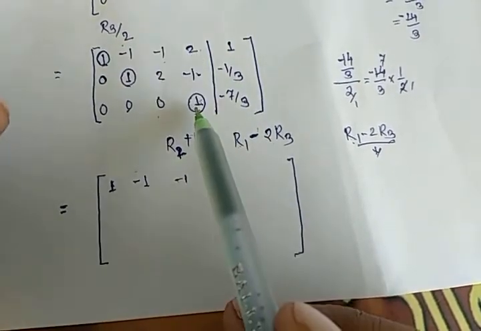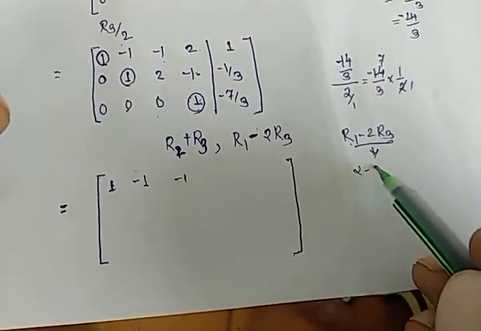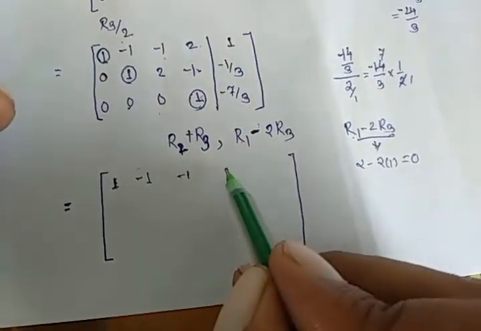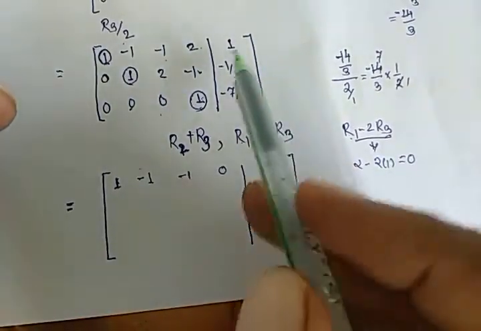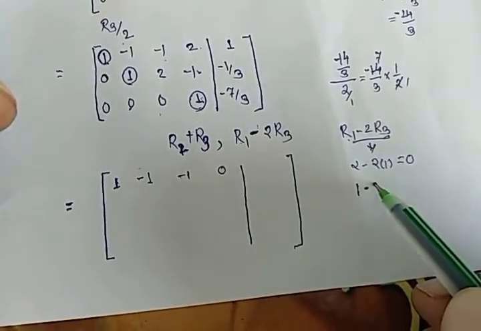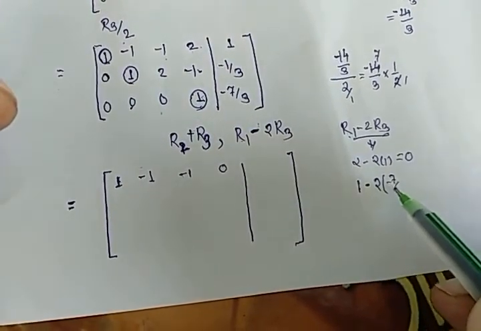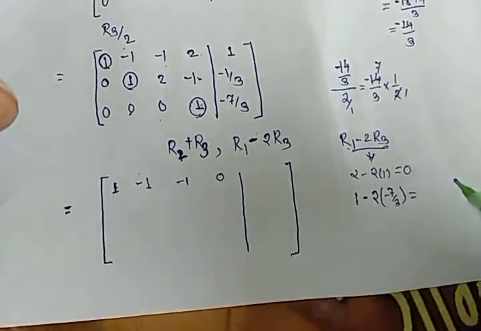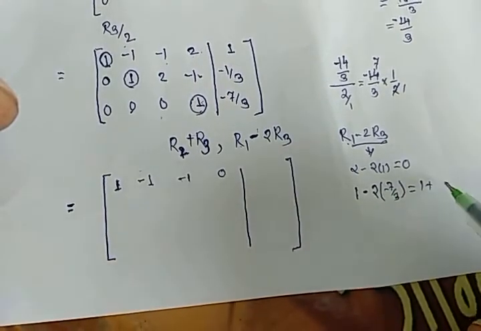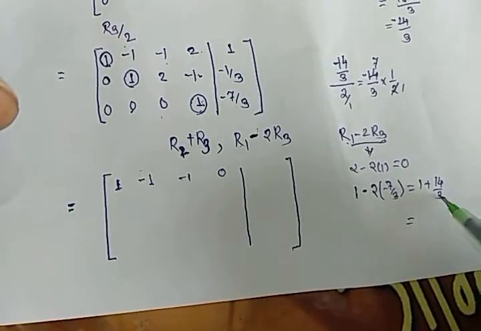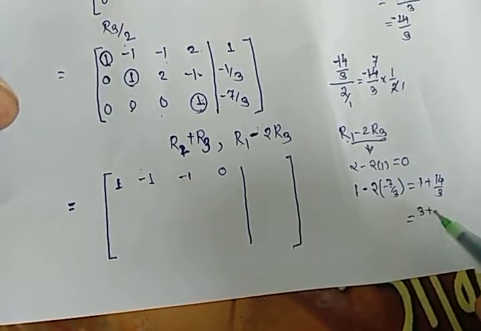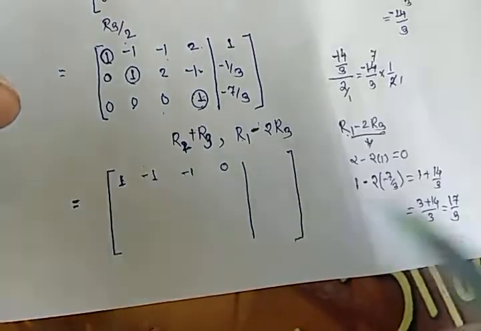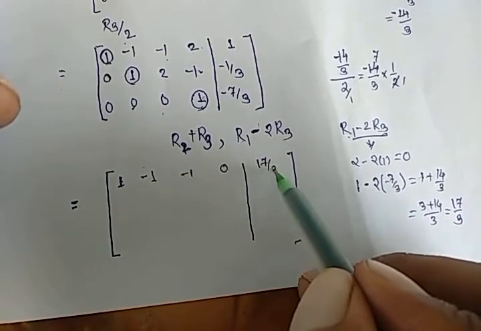Next 2 minus 2 into 1 is 2 minus 2, which is 0. And the last term is 1 minus 2 into minus 7 upon 3, which is 1 plus 14 upon 3. By taking LCM, 3 plus 14 divided by 3, we get 17 upon 3. So here it will be 17 upon 3.